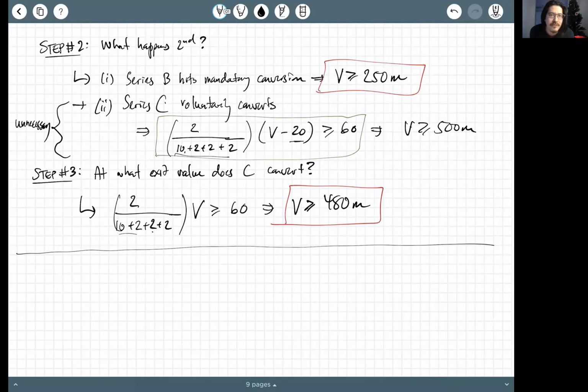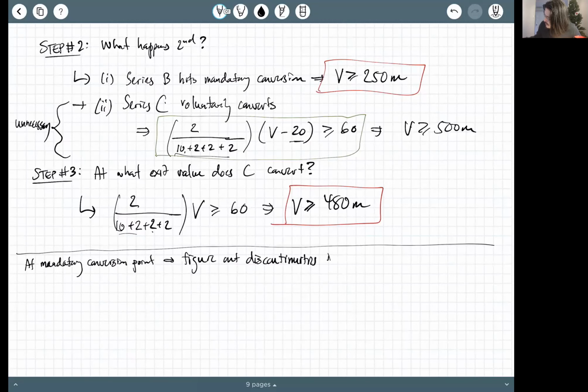And respectively, we'll want to figure out what happens to the payoff diagram of Founders, Series A, and Series C. So at the mandatory conversion point, our goal is to figure out discontinuities in payoff diagrams.